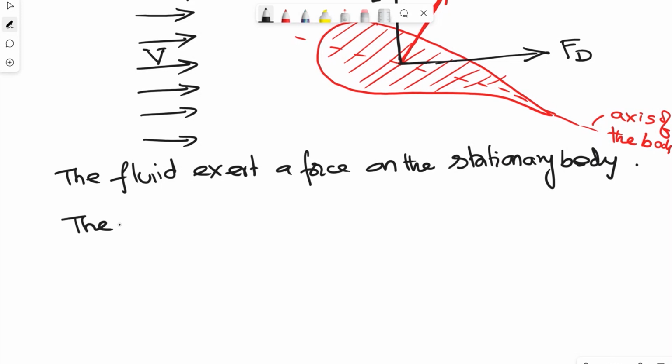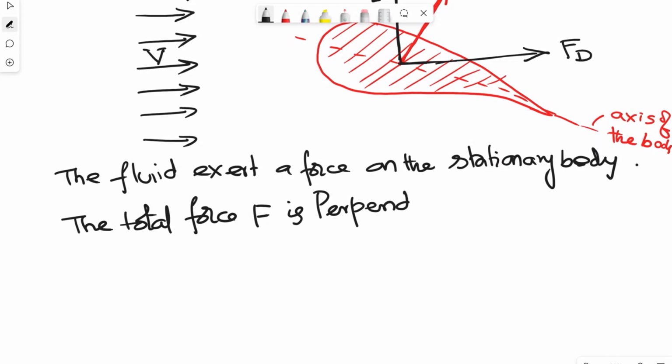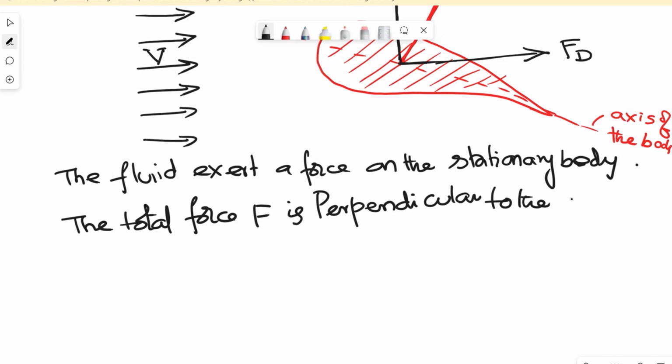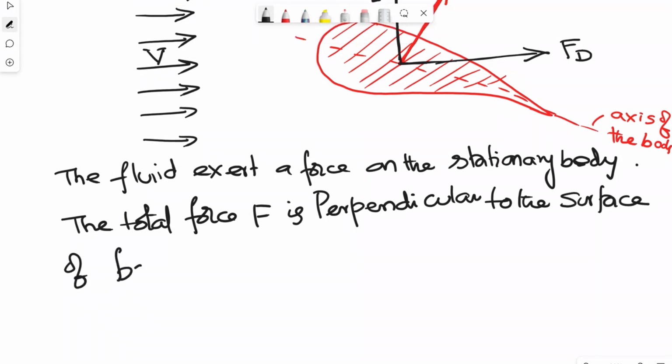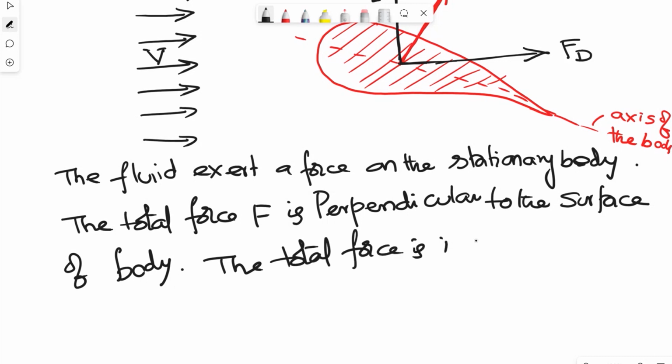The total force F is perpendicular to the surface of the body. The total force is in an inclined direction. That's what I have drawn.